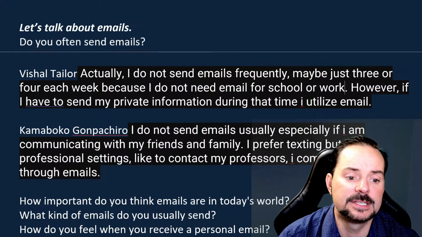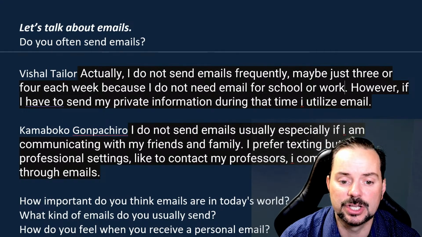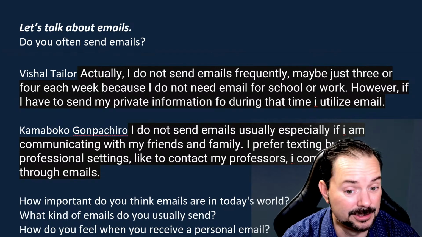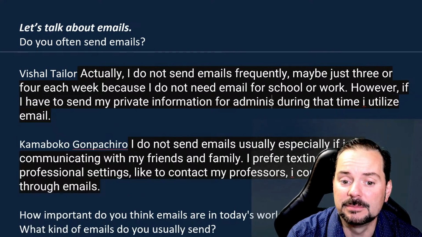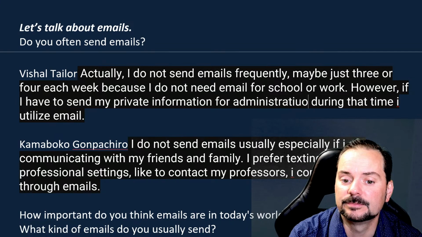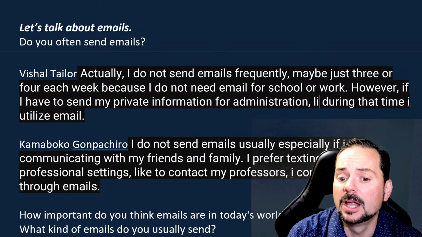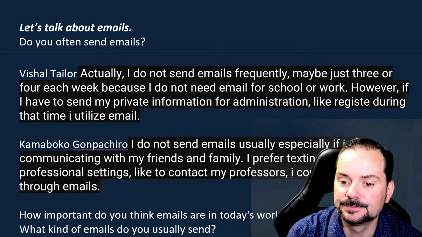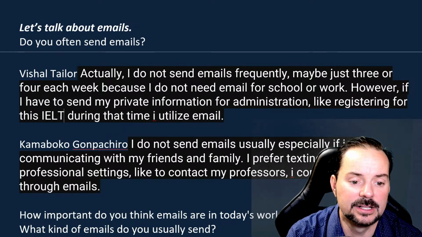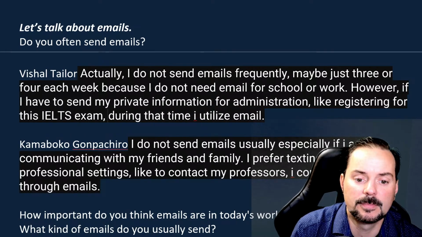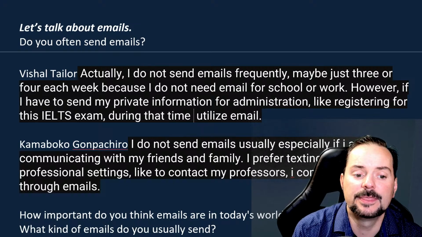However, if I have to send my private information for administration, like registering for this IELTS exam, I utilize email. That's a band 9.